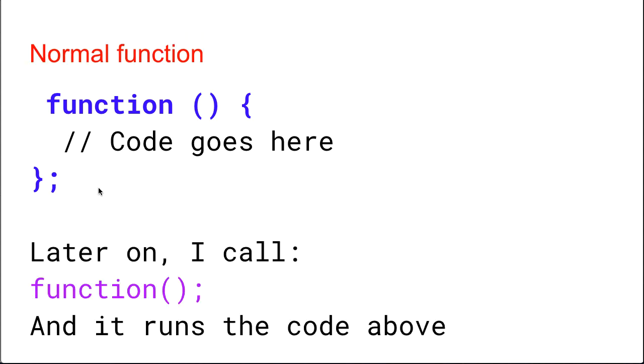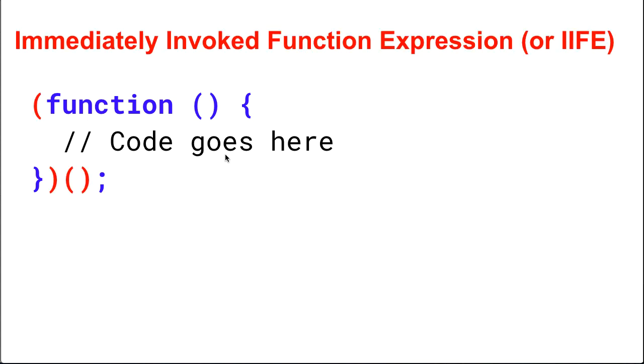In a normal function, you have just the name of the function, whatever parameters it has, and then your code. In an IIFE, you have your function just the same as before, but inside parentheses, and whatever arguments are in here are automatically passed into here.